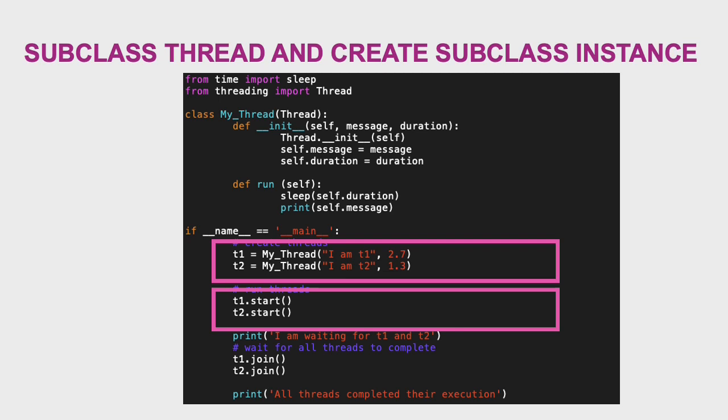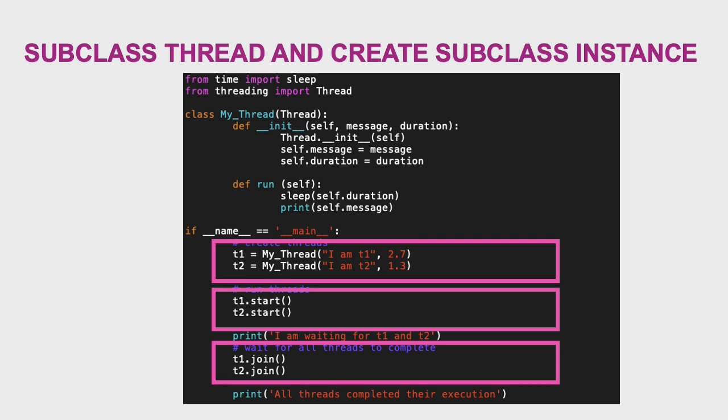So very simple. In order to start thread T1 and thread T2, very easy, we have to invoke method start on T1 and method start on T2. That's it. It's very, very simple. I see no difference from what we did in the past.